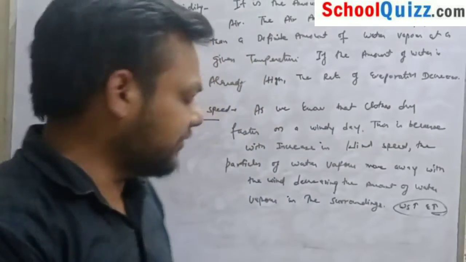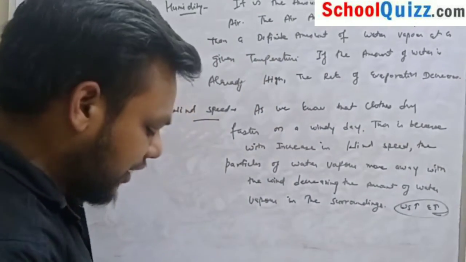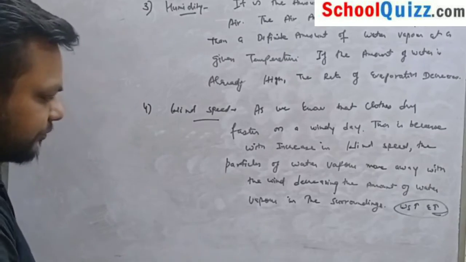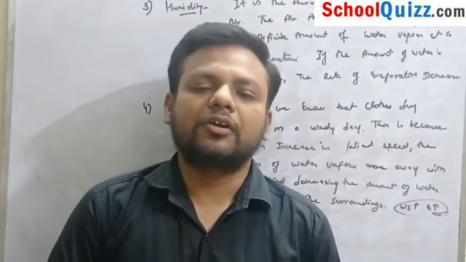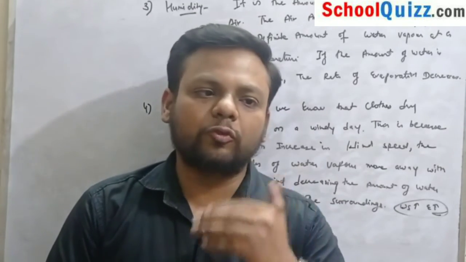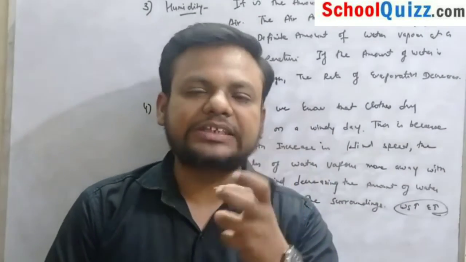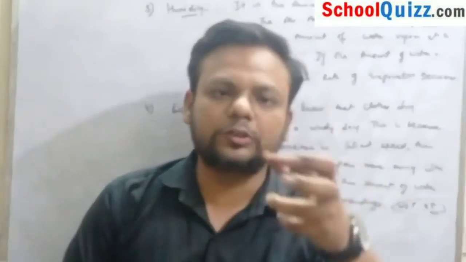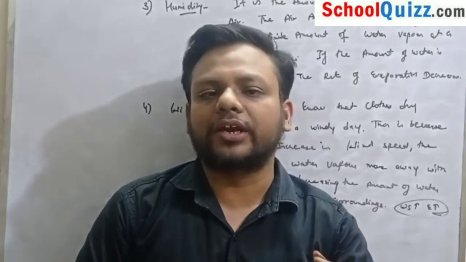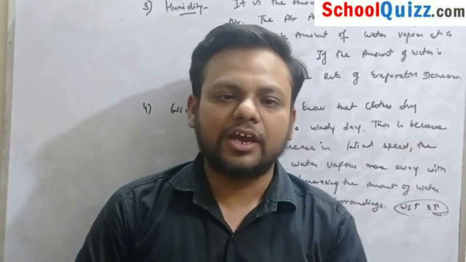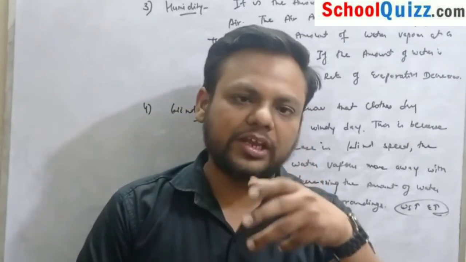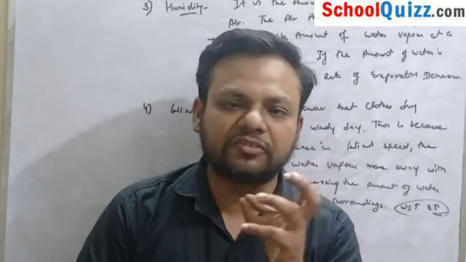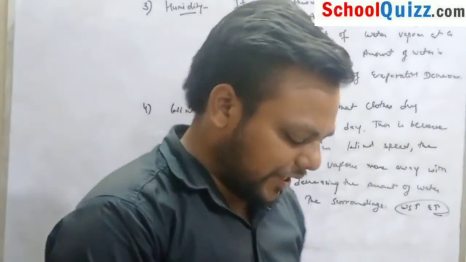The next one, if you can write it as a note, is volatile liquid. What are volatile liquids? Those which evaporate very fast. Acetone is also a volatile liquid. It evaporates very easily. When you put it on your hand, it evaporates very fast because it is a volatile liquid.